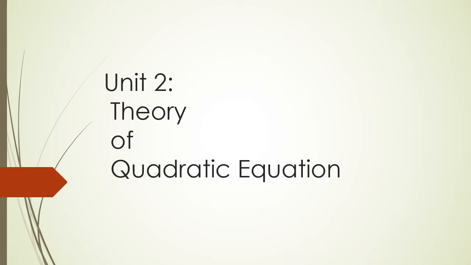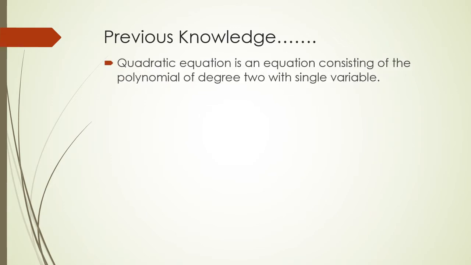Dear students, today we will start unit number 2, Theory of Quadratic Equation. Dear students, in unit number 1, we studied the definition of a quadratic equation. That is, a quadratic equation is an equation consisting of a polynomial of degree 2 with a single variable.